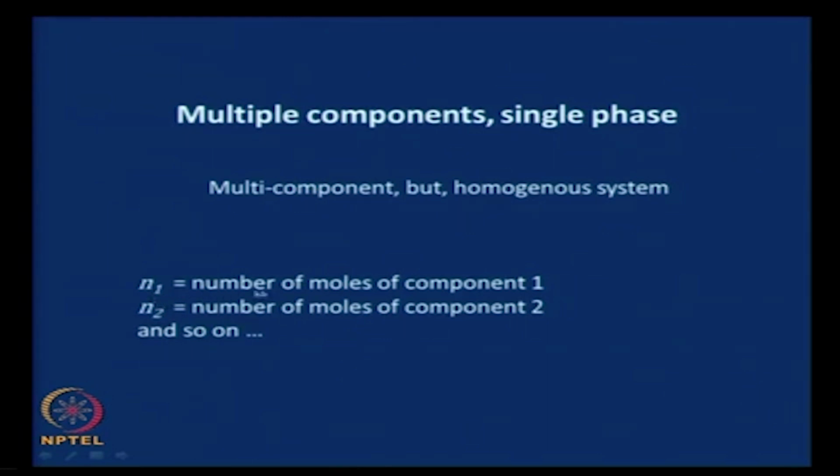Let N1 be the number of moles of component 1, N2 be the number of moles of component 2, and so on. If you recall our equation 2.5, dU equals T dS minus P dV, we took the internal energy U as a function of S and V. It will become clearer when I say the next thing, and for that, let me extend this to a k component case.